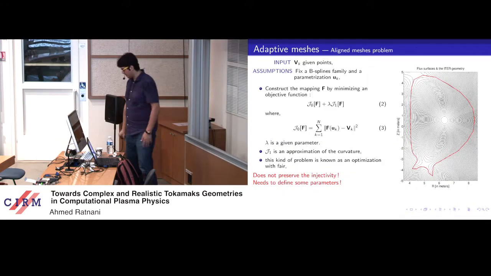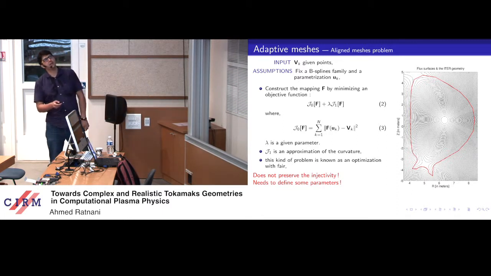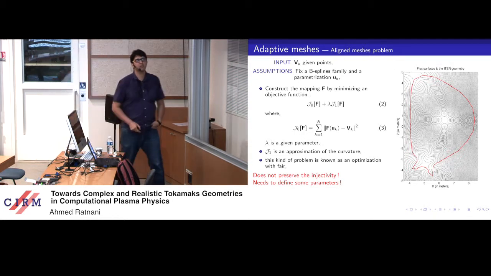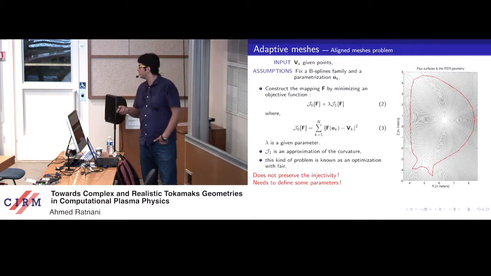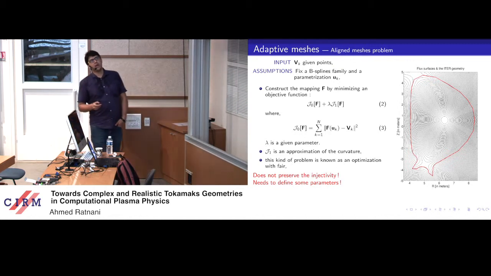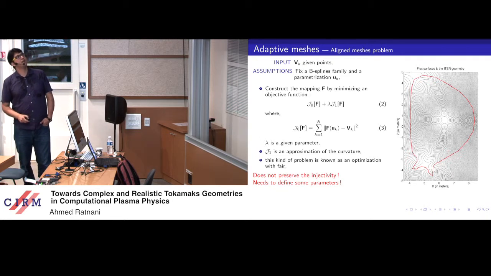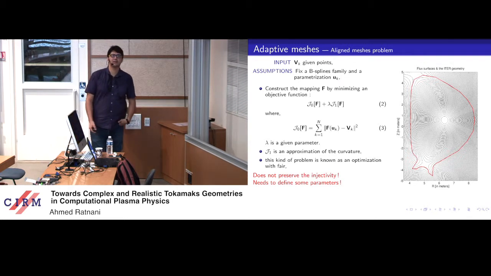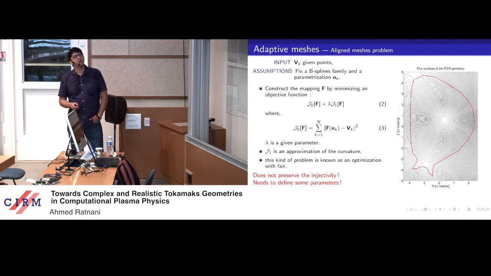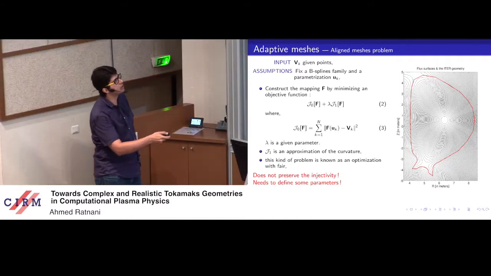Okay, so the first basic idea is to say, well, I have the magnetic field lines as described by the IFIT code. It's an equilibrium code that takes into account the coils and everything. So this is the configuration of the plasma. So you have inputs like this. You have the wall of ITER in red, and you say, well, is it possible to create a set of mappings that maps a number of squares onto parts of this domain?